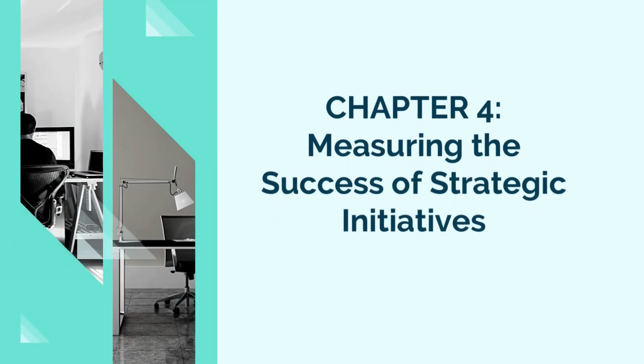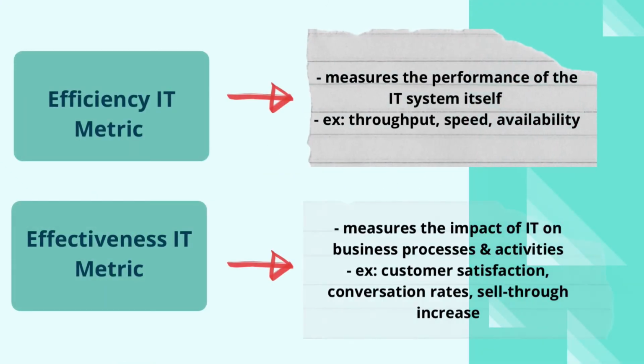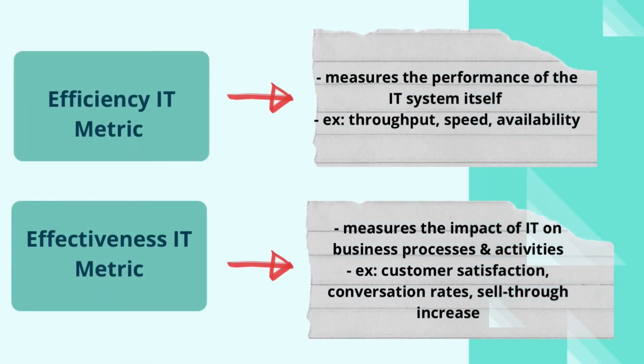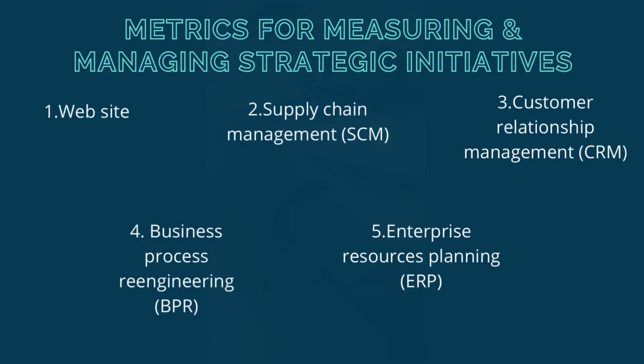Next, we will turn to Chapter 4. In this chapter, there are two types of metrics, which are efficiency IT metrics and effectiveness IT metrics. Efficiency IT metrics are used to measure the performance of the IT system itself, including throughput, speed, and availability, while effectiveness IT metrics are used to measure the impact IT has on business process and activity, including customer satisfaction, conversion rate, and sales increase.